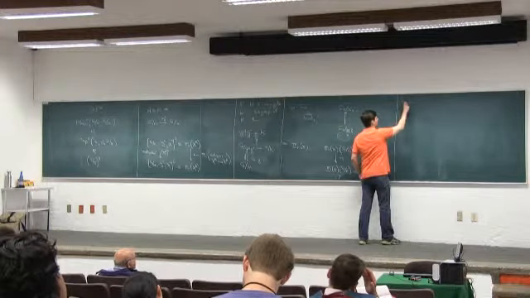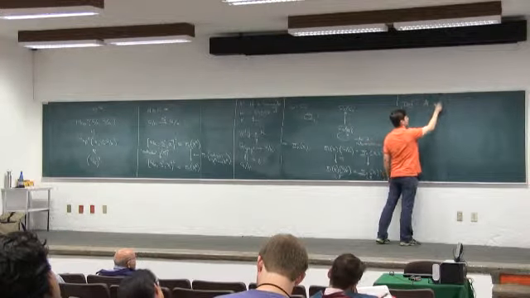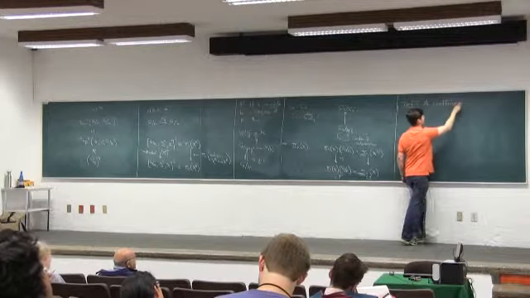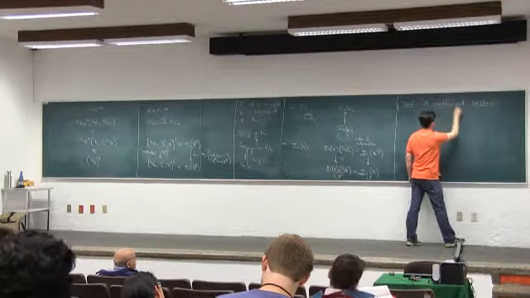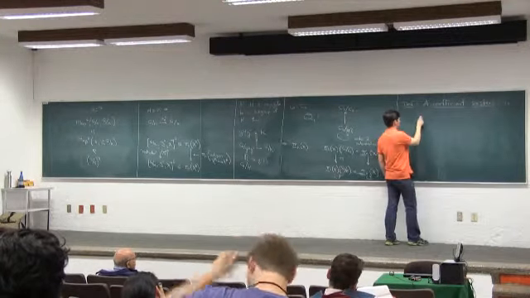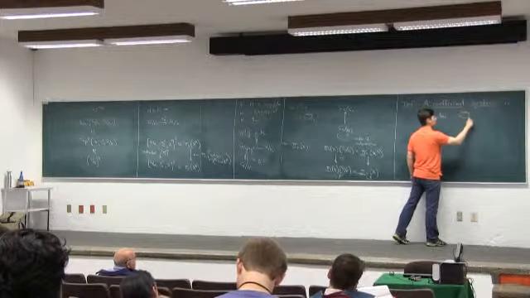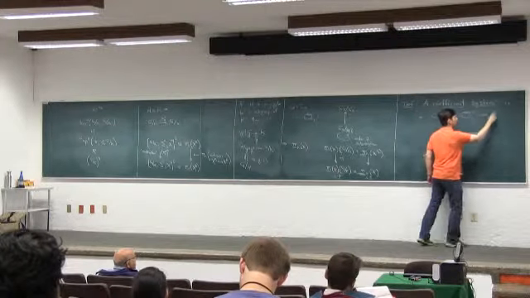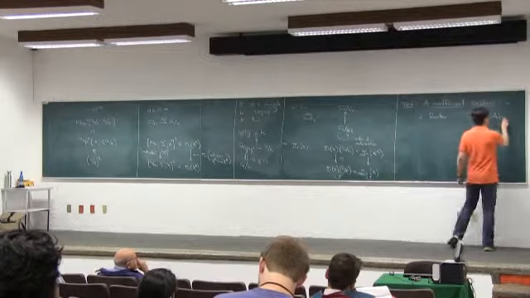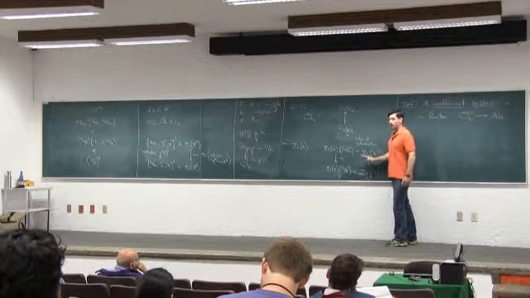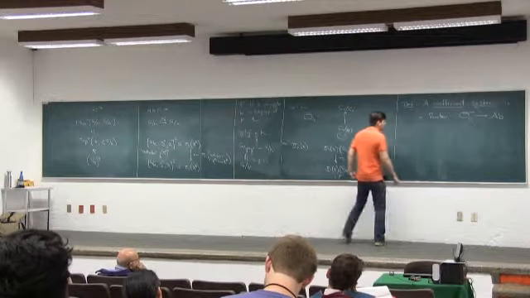So I'll make a slightly more general definition, and that is that a coefficient system is a functor from the orbit category OG into abelian groups. So in particular, if n is at least 2, then my homotopy groups are the prototypical example of a coefficient system.